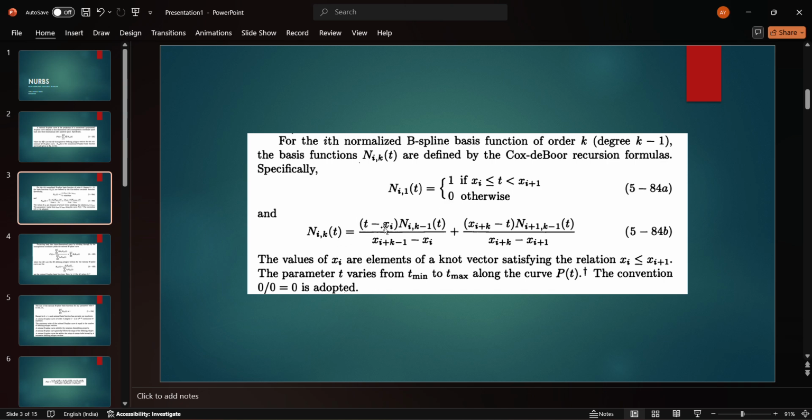Ni,k(t) is given by (t minus xi) Ni,k-1(t) divided by (xi+k-1 minus xi), plus (xi+k minus t) Ni+1,k-1(t) divided by (xi+k minus xi+1).